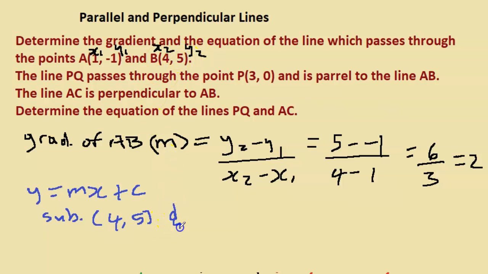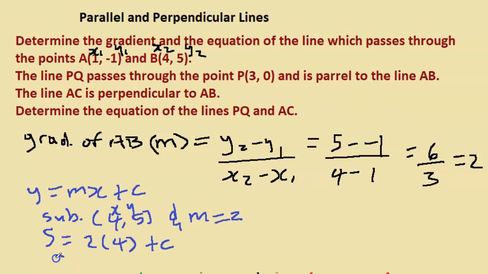And we sub the m value also. The m value we found to be 2, which is the gradient. So we sub it into y equals mx plus c. So the x is 4 and the y is 5. So y, replace that with 5. m is 2, the gradient. x is 4, plus c.